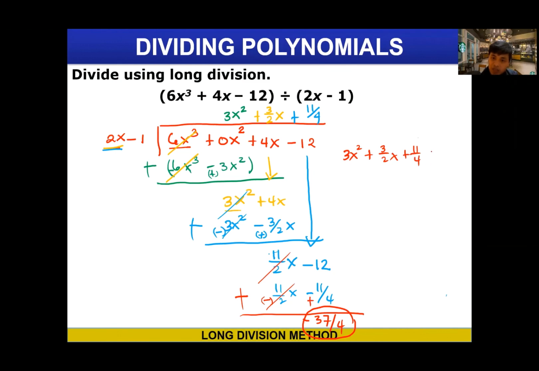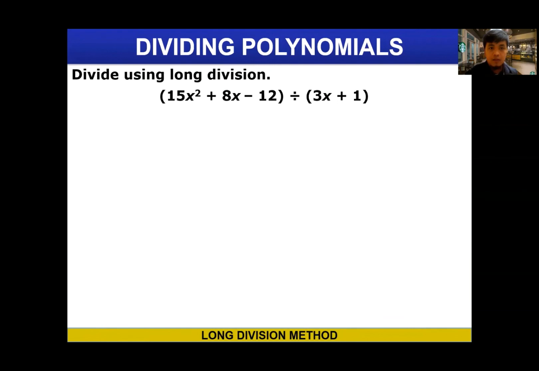Then we can have this negative 37 over 4 all over our divisor, which is 2x minus 1. So this can be accepted, but if we can still simplify this part, but this is already accepted as our final answer.